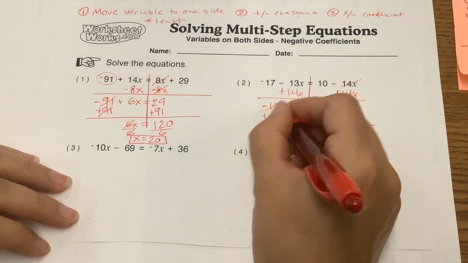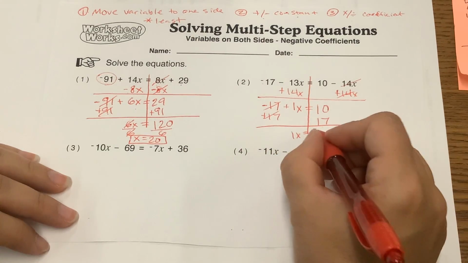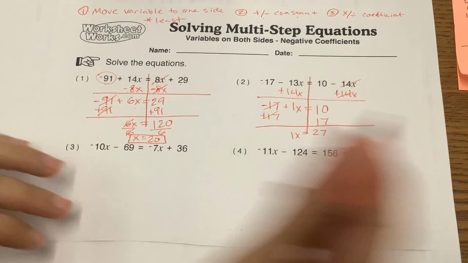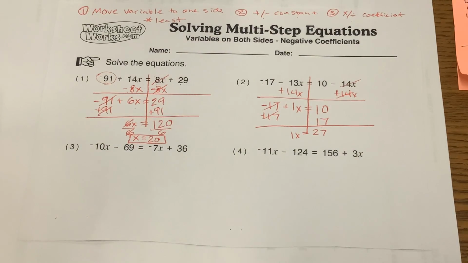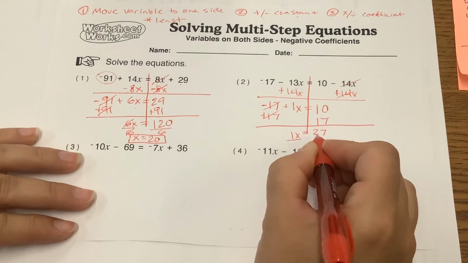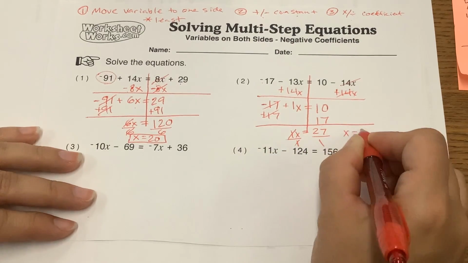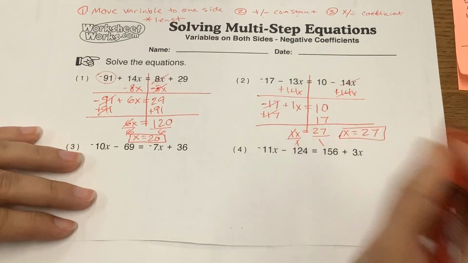Okay, so this cancels. 1x comes down. And 10 plus 17 is 27. And our final step, step number 3, is to multiply or divide by the coefficient. So what are we doing here? Divide by 1. And x equals 27.